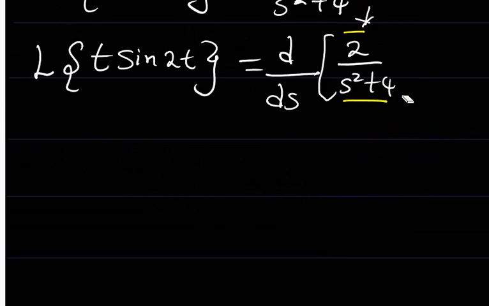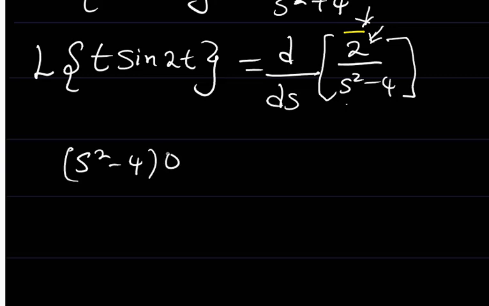So we begin, starting with v, which of course is s squared plus 4. Then the derivative du with respect to s is 0, so multiply by 0, then minus u, which of course is 2, times the derivative of s squared plus 4.